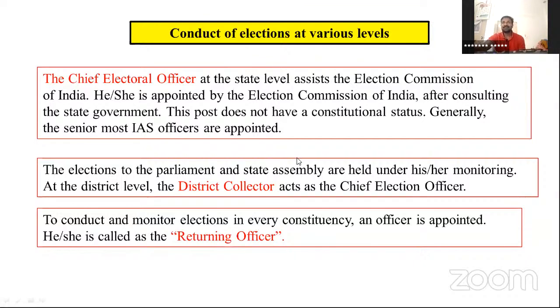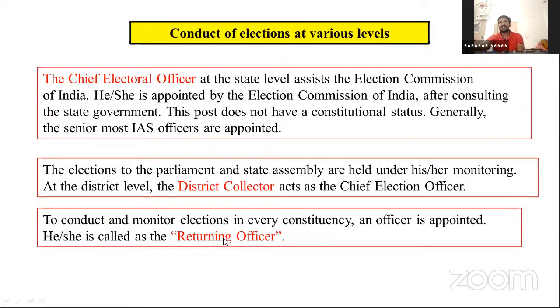We have discussed already that India was divided into a number of territorial units. They are called constituencies. India has 543 constituencies. Every constituency has an officer, known as the returning officer. Every constituency to the Lok Sabha and to the state legislative assemblies has one.